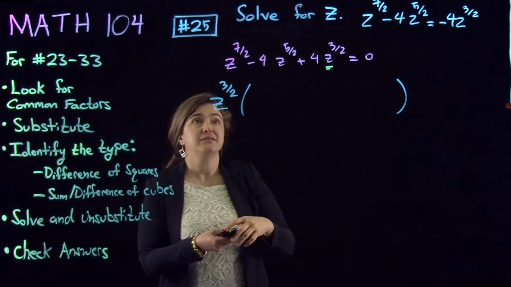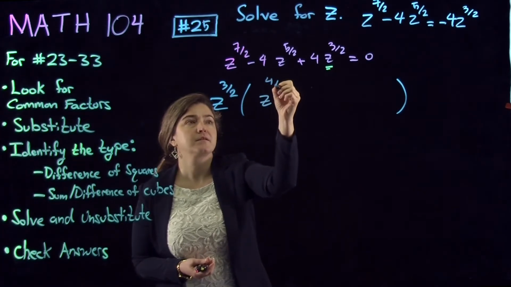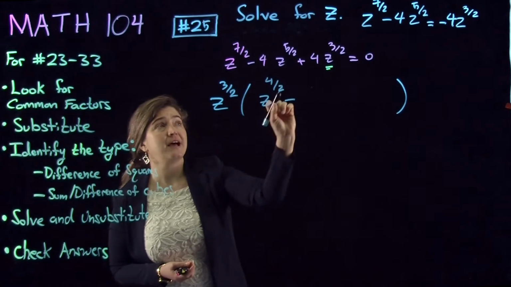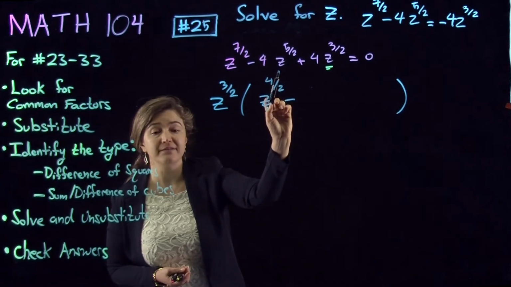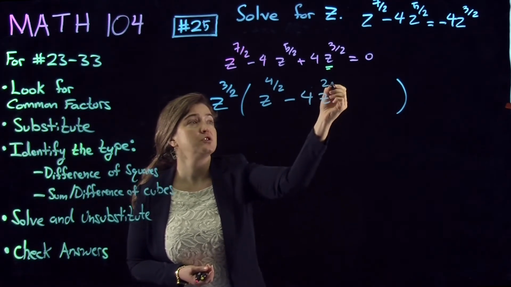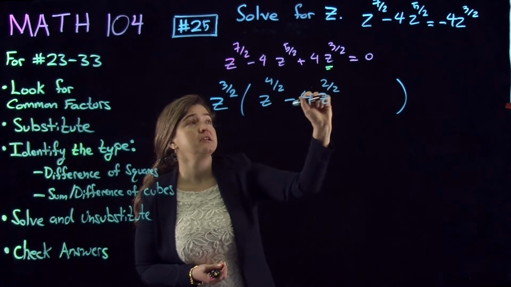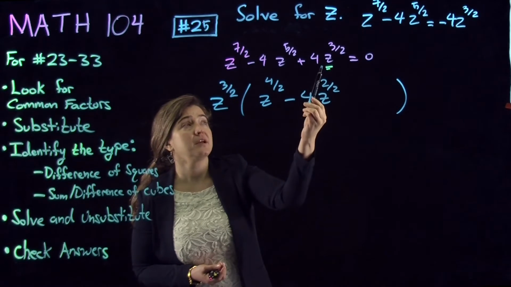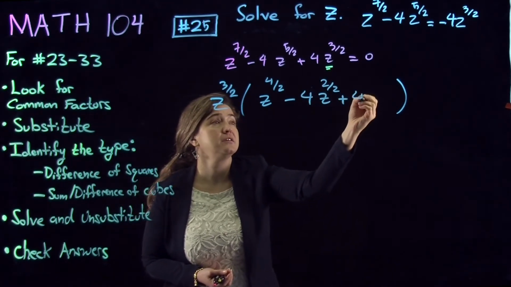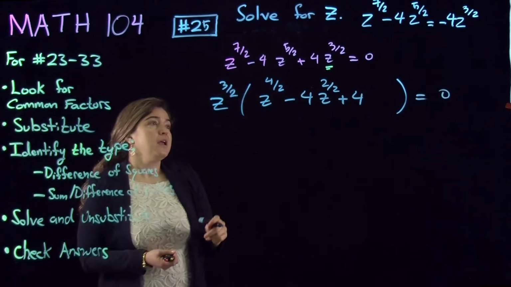So what is left out of that is z to power 4 half. When you're factoring z to power 3 half out of z to power 5 half, what is left is z to power 2 half. And over here, when you're factoring z to power 3 half out of 4z to power 3 half, you're just ending up with 4, equal to 0.